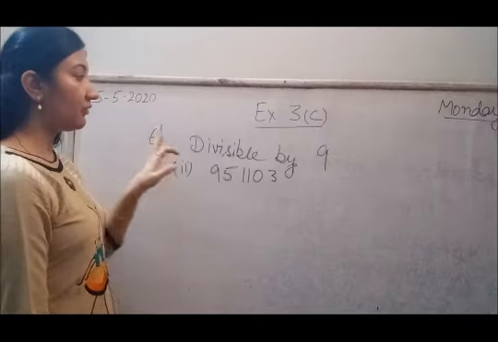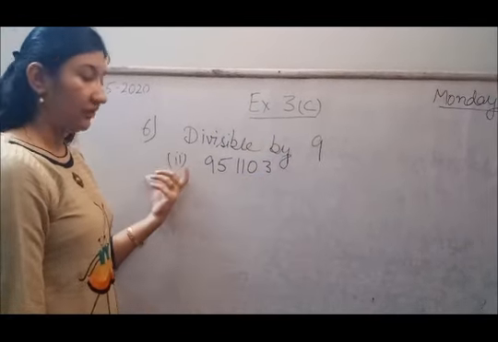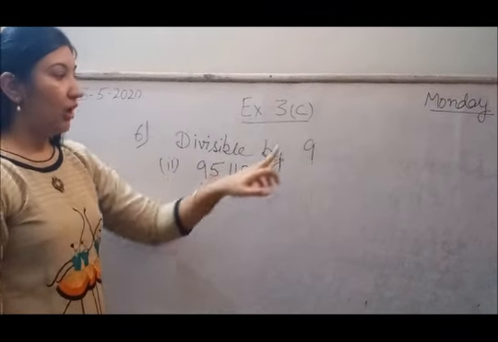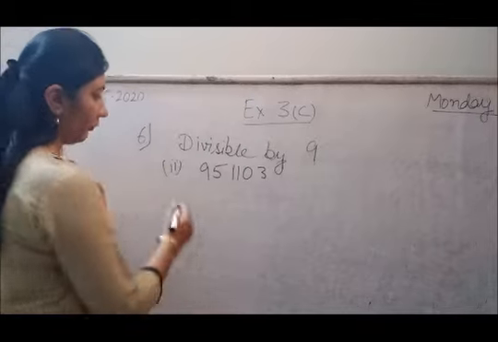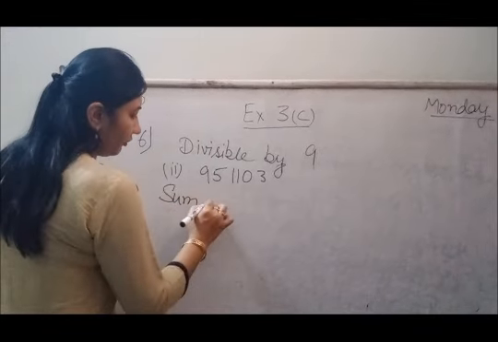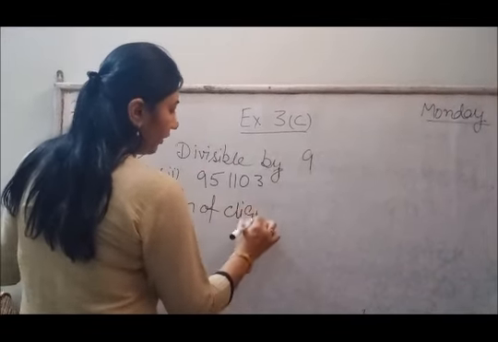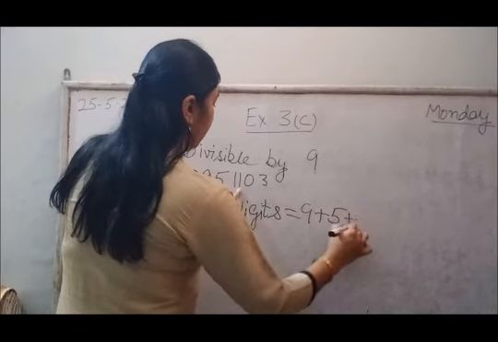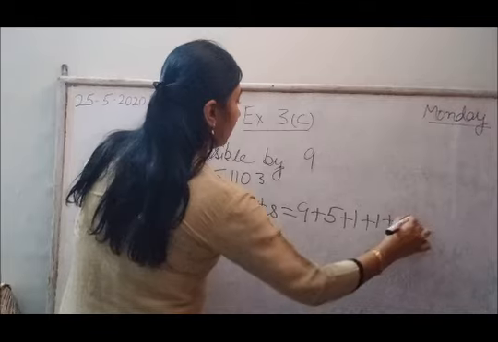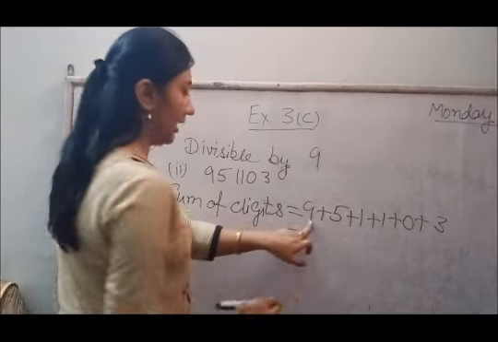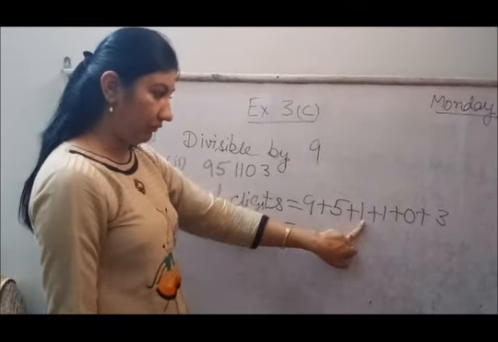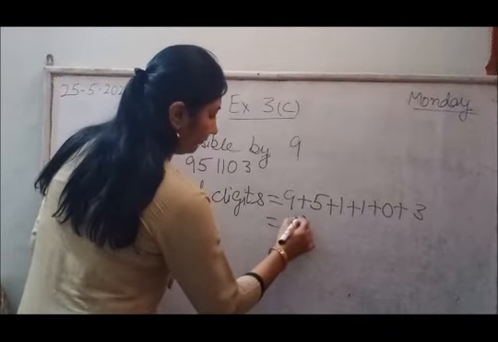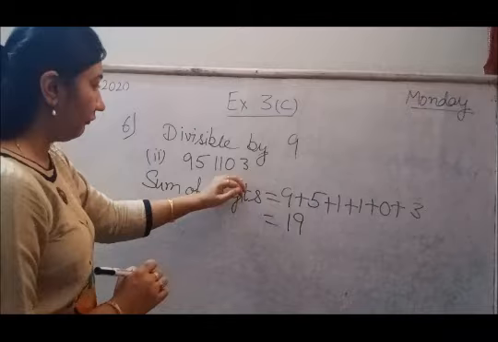Now question number 6, divisibility by 9. I am solving the second part of this question. What was the divisibility rule for 9? You have to check the sum of digits. Firstly, we will do the sum of digits of the given number: 9 plus 5 plus 1 plus 1 plus 0 plus 3. 9 plus 5 is 14, plus 1 is 15, plus 1 is 16, plus 3 is 19. This is the sum of digits of the given number.